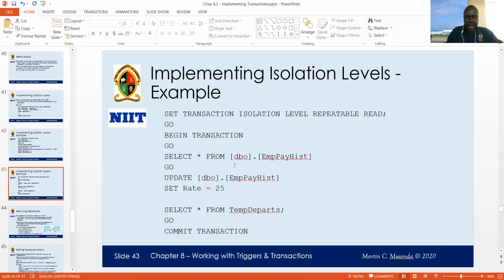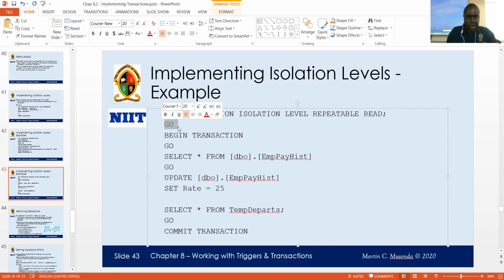The second example is this one. It has a lot of go because we're trying to break into a number of batches. Remember, the word go is just used to indicate the end of a batch. So the first part is to set the transaction isolation level to repeatable read.